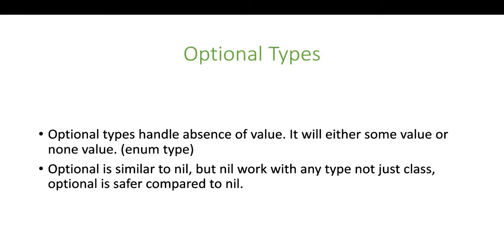Optional is similar to nil in Objective C that we have worked with. If you have worked in Objective C, then you are familiar with nil, right? So optional is very similar to nil, but nil works with any type, right? But with optional, you have already specified some data type and then you made that variable optional, so it is safer compared to nil.